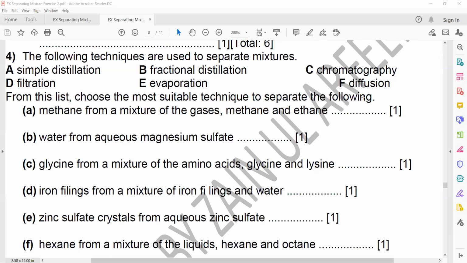So the technique which is used here is fractional distillation or diffusion. Both are acceptable. You can write diffusion or you can write fractional distillation.